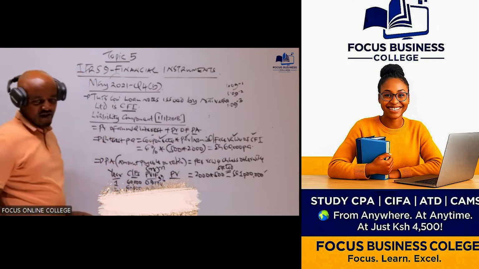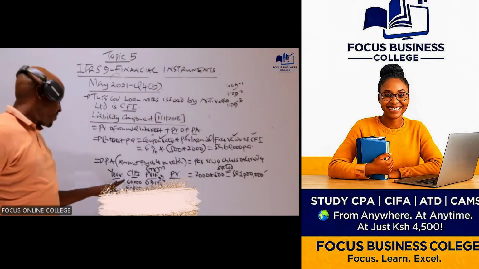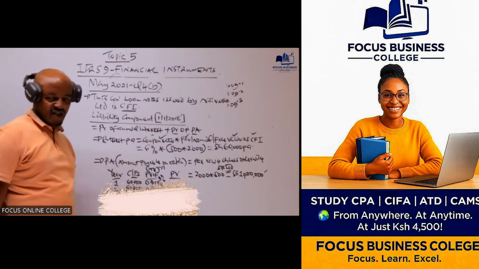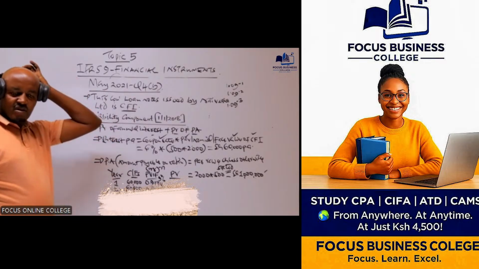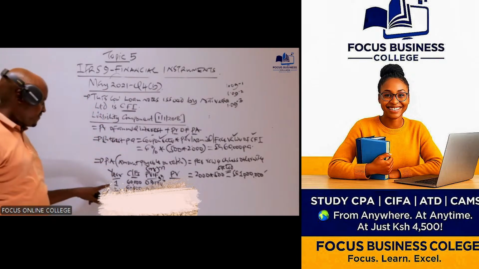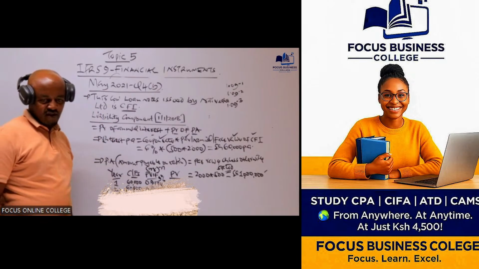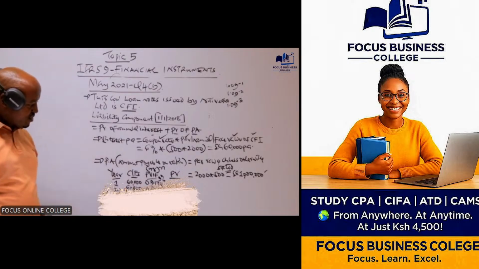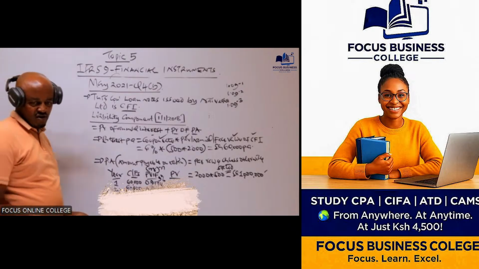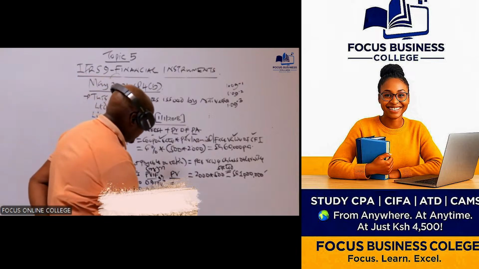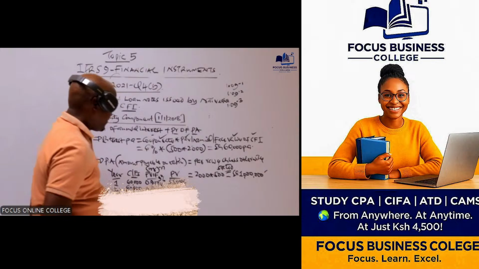The present values would be whatever cash flow you have here times the present value interest factor. So what are we going to have for the first year? The first year, 60,000 times 0.9174, which is 55,044.